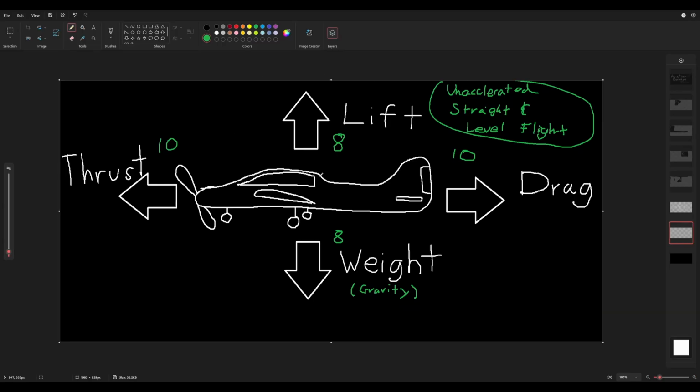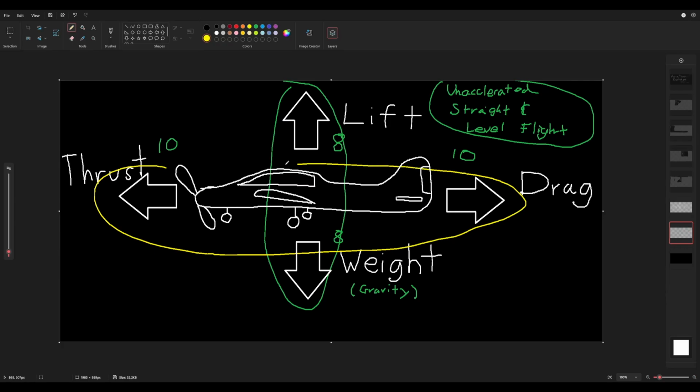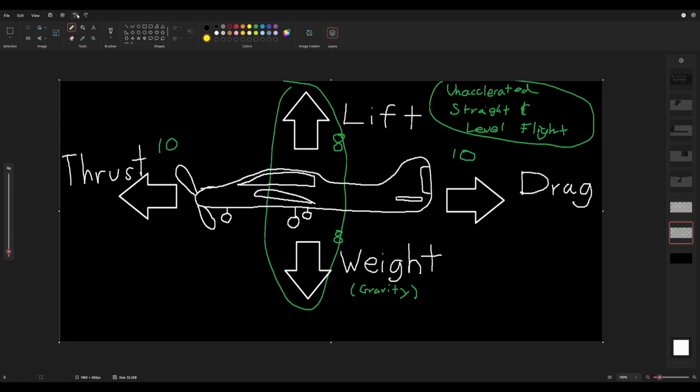It only has to be that lift and weight are equal, and that thrust and drag are equal. They could all be equal, and it would still be unaccelerated straight and level flight, but the minimum requirement is these two are equal, and these two are equal. As you can see, they have different values. So that is a little tricky question we'll try and get you on.